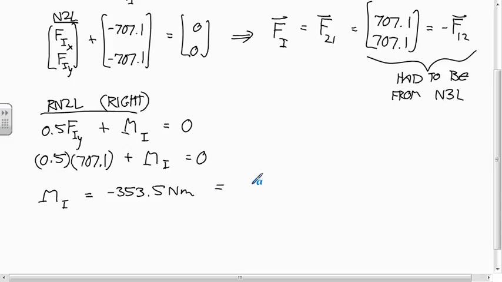And that is equal to the couple on 2 by 1. And that is also the opposite of the couple on 1 by 2.